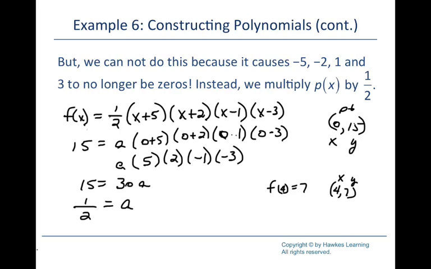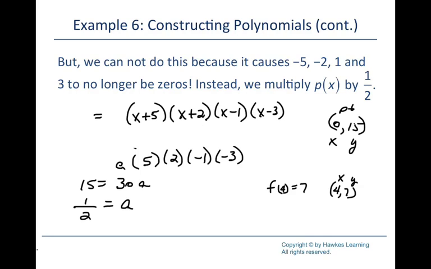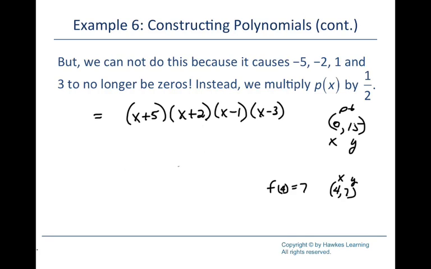If it passes through the point 4, 7, you would have had your factors set up just like you did. And you would have had your y and your a. And so 4, 7 is my x, y, so 7 equals a times 4 plus 5 times 4 plus 2 times 4 minus 1 times 4 minus 3.